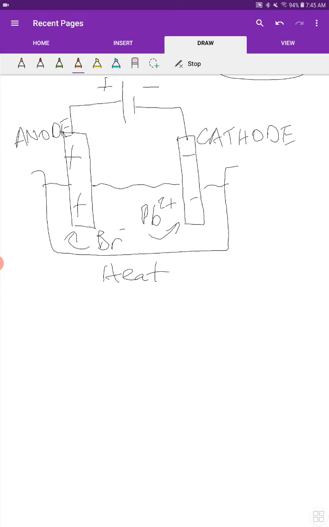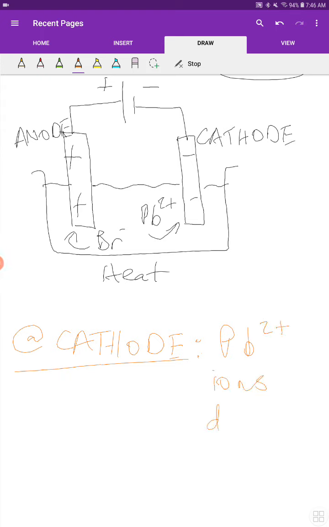So at the cathode, at our cathode, Pb2 plus ions are discharged. Remember, what happens when an ion gets discharged is that it loses its charge.